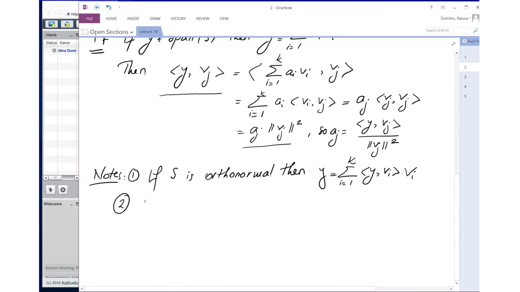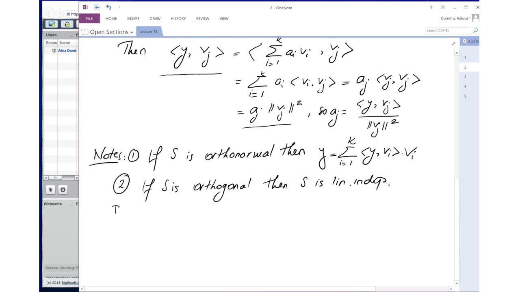Two, let's say that thing that I mentioned before: if S is orthogonal, then S must be linearly independent. Let's prove this. So S was a collection of k vectors. Now let's just assume that some linear combination of those vectors equals 0.